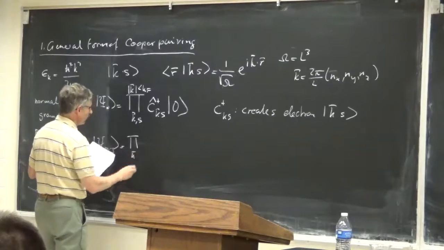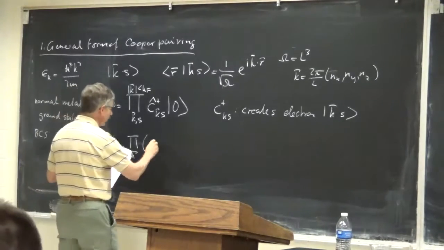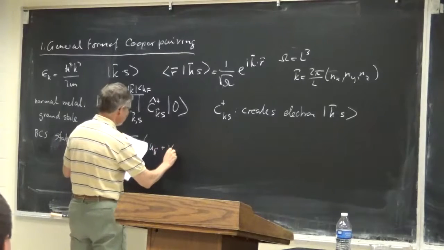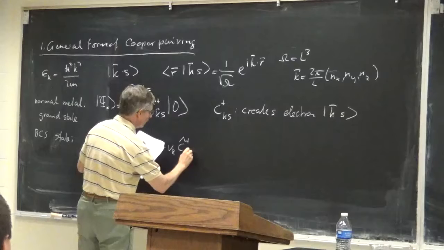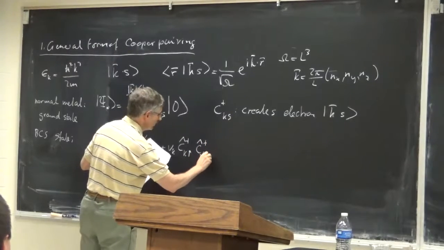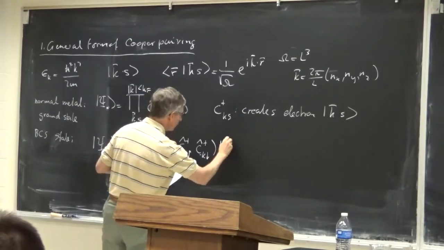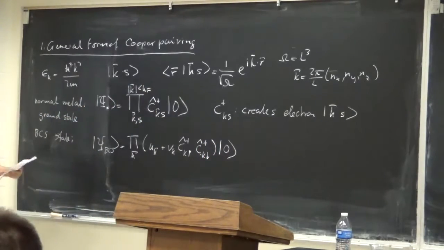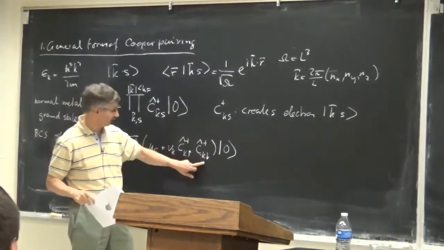just the product over k of u_k plus v_k c_k up dagger c_minus k down dagger, acting on the vacuum. Now, this is a coherent state of pairs.